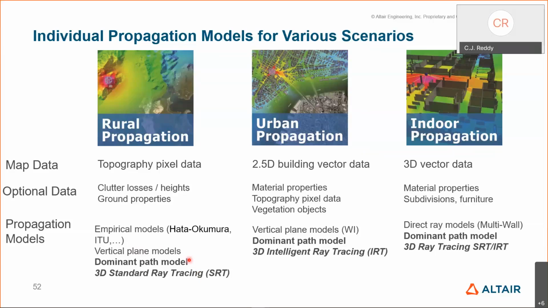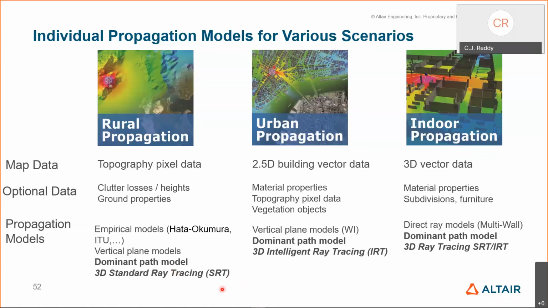And then we actually have a proprietary method called dominant path model. So when you do this standard ray tracing, let's say you are launching thousands of rays. Each ray needs to be traced from the transmitter to the receiver. That can take a lot of time based on how much complexity you have in your model. But what we notice is that when you do this, most of the energy is focused into a few rays.